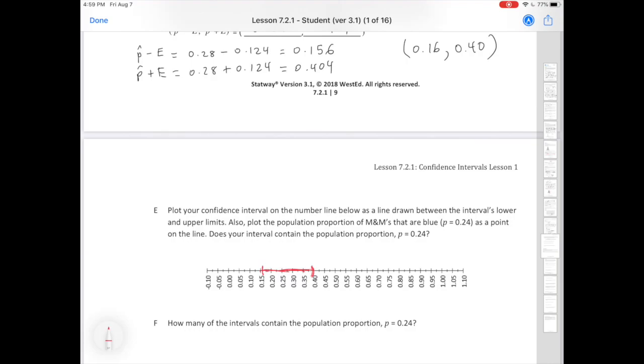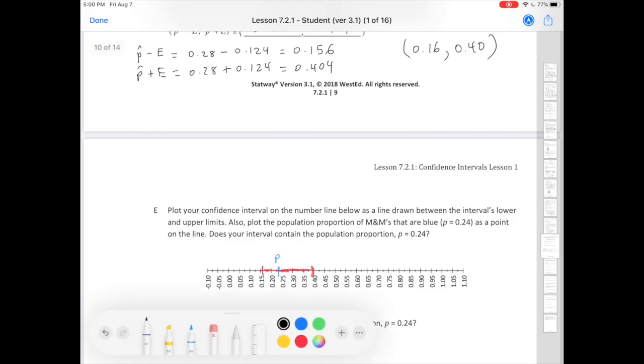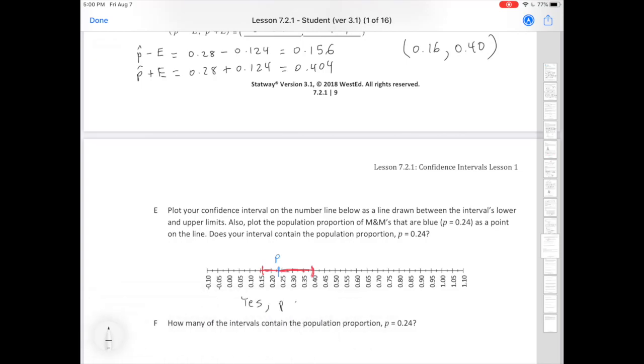So it looks like that. And where is 0.24? 0.24 is something like right here. This is P, right? So does it contain P? It sure does. So yes, P is contained in the confidence interval.